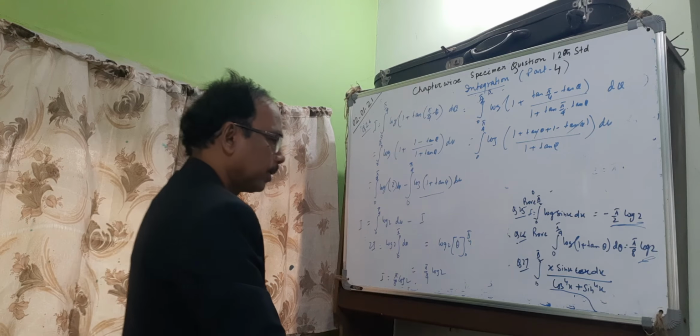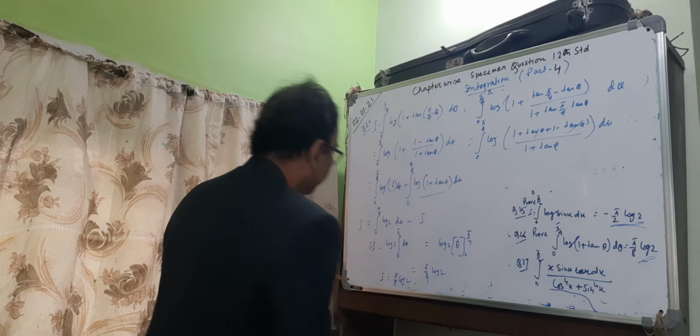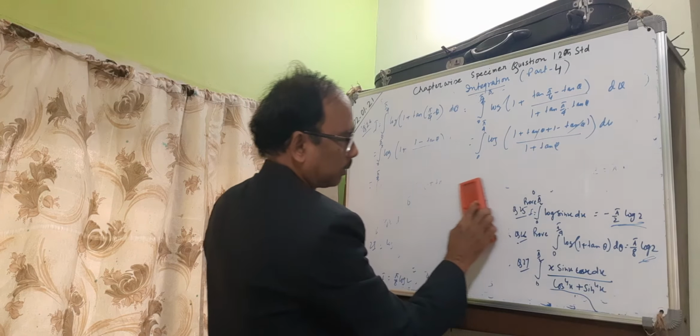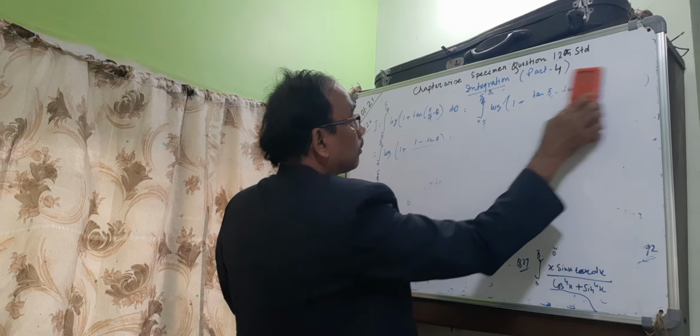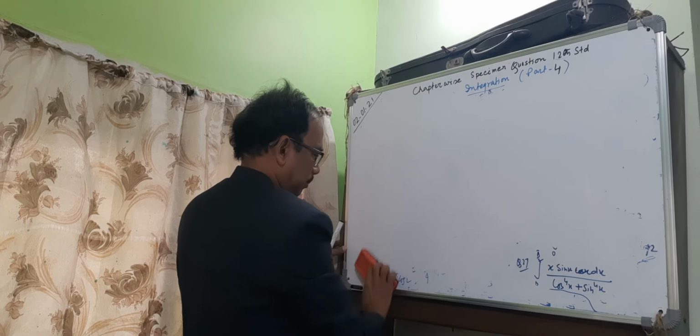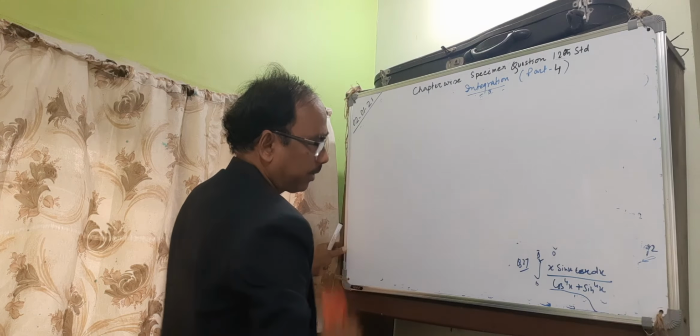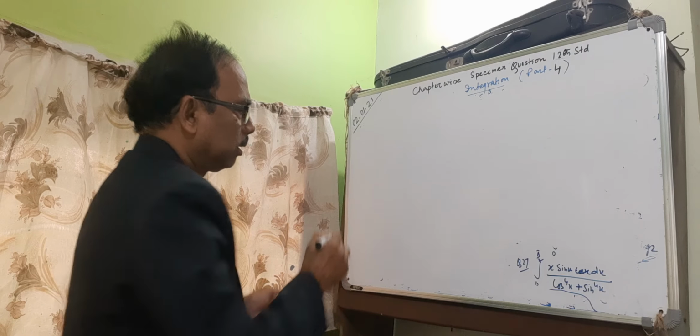Next, sum number 27, using the property.